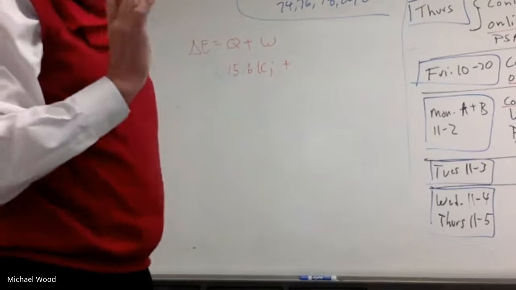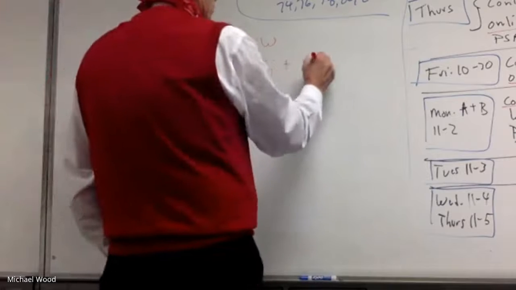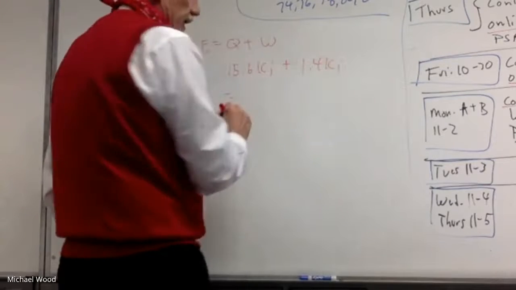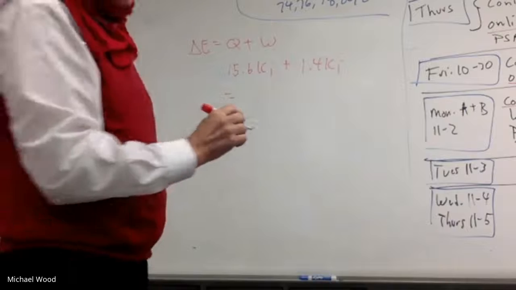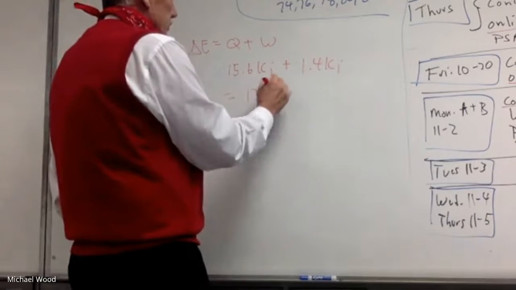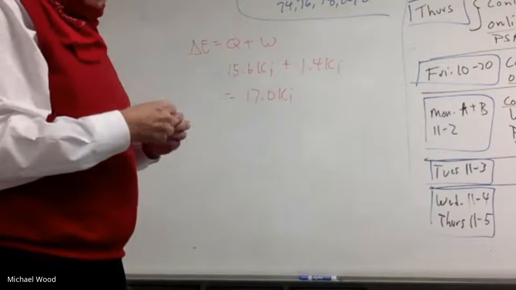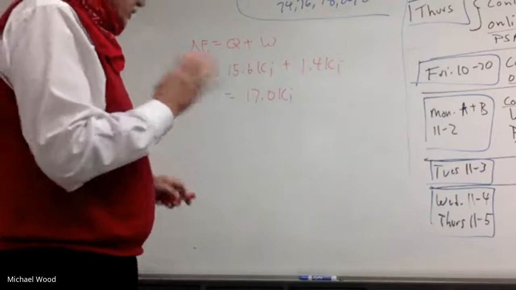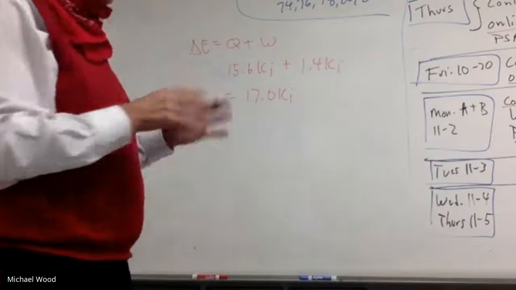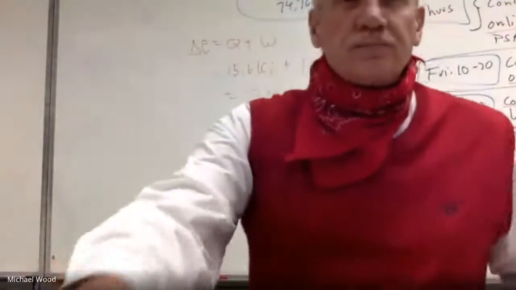And again, the work is done on the system, so it's 1.4 kilojoules. And so if I add this up, what I get is 17.0 kilojoules. And this is positive, meaning that the energy is going on or into the system. So again, not too difficult a problem, but just adding those two numbers together.